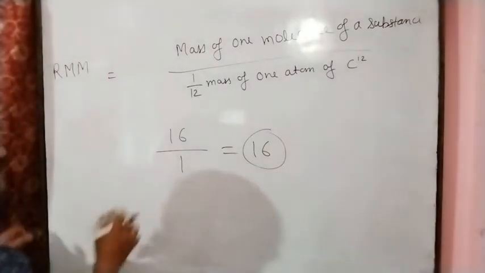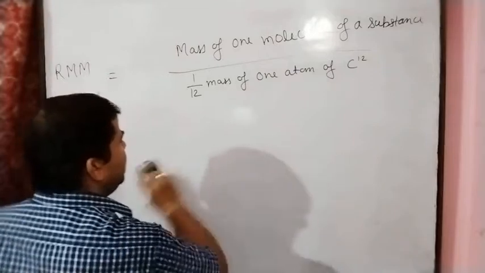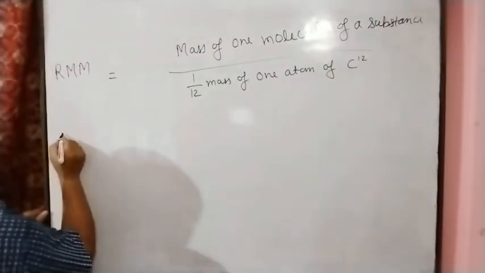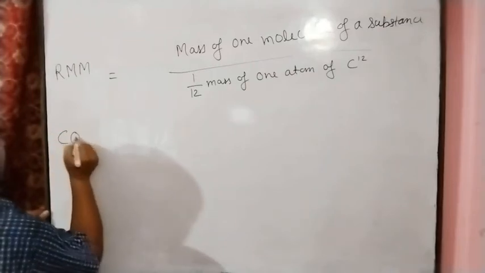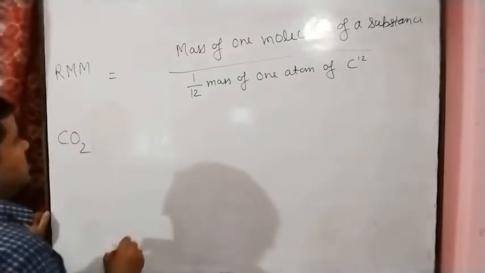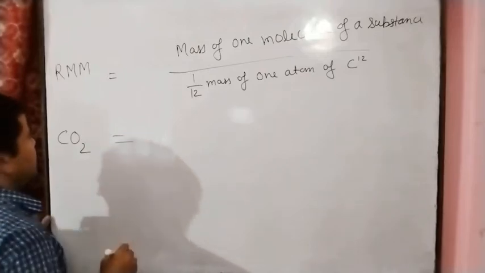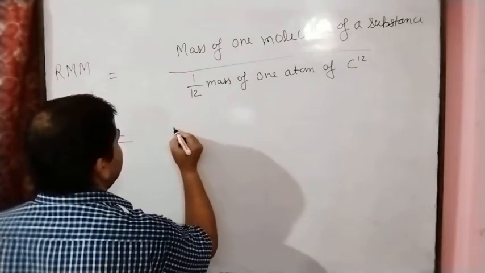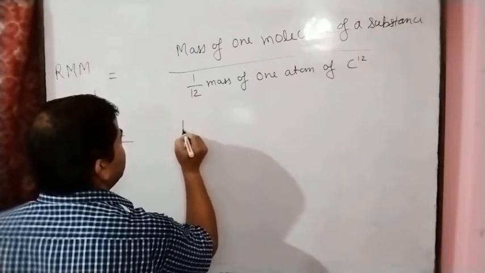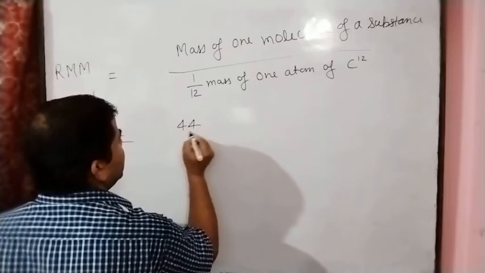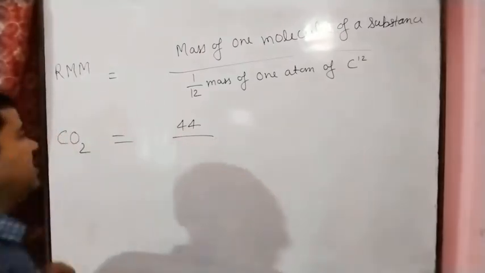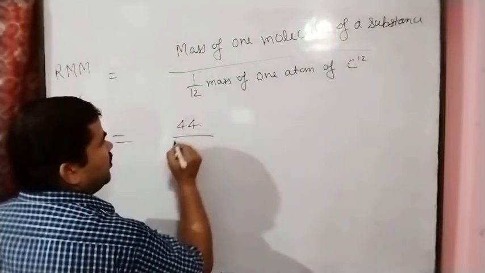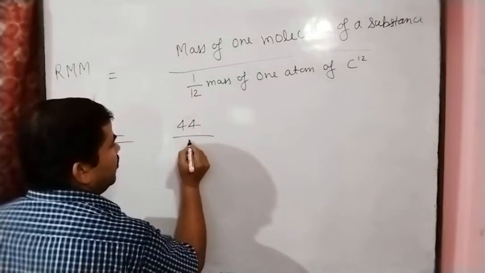For example, if we take carbon dioxide, because this is a molecule of a compound, carbon dioxide has a mass of 44. So one molecule of carbon dioxide has mass 44, and 1/12th the mass of one atom of carbon 12 is 1.